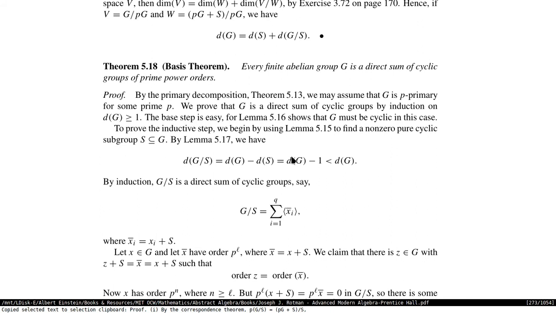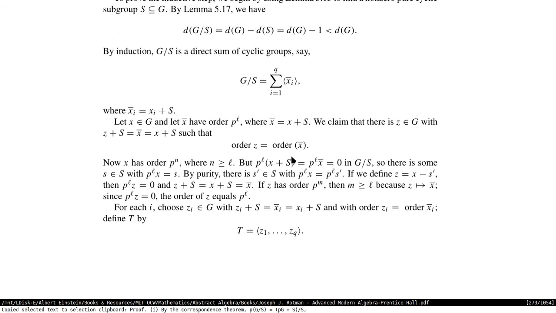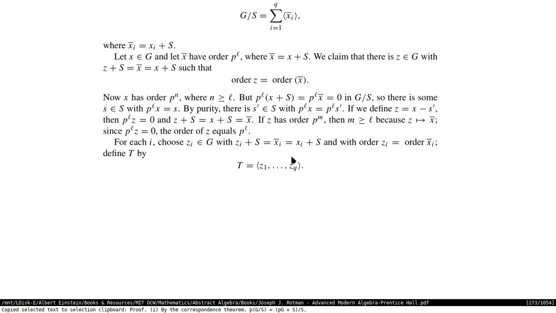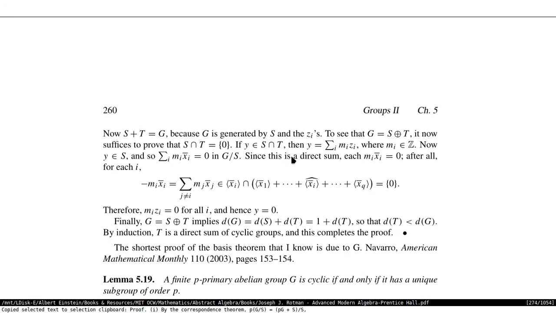Now we prove that G is a direct sum of cyclic subgroups by induction on D. Okay, so he starts from 1. I think I kind of got the big idea. He'll try to find the dimension of the quotient spaces, inductively add them, and play with the primes and their exponents, and then probably get something done.